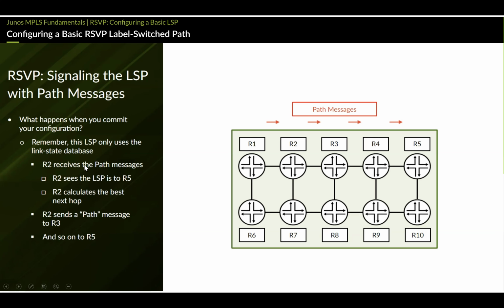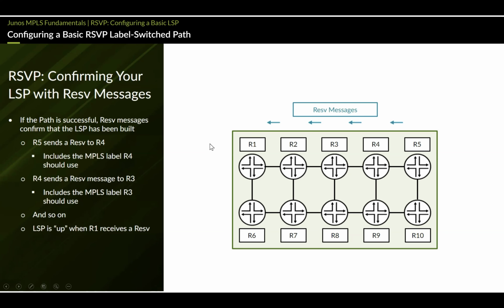Router 1 calculates the next hop and sends the path message to router 3, and router 3 does the same for router 4, and router 4 also the same to router 5. So this is the communication.